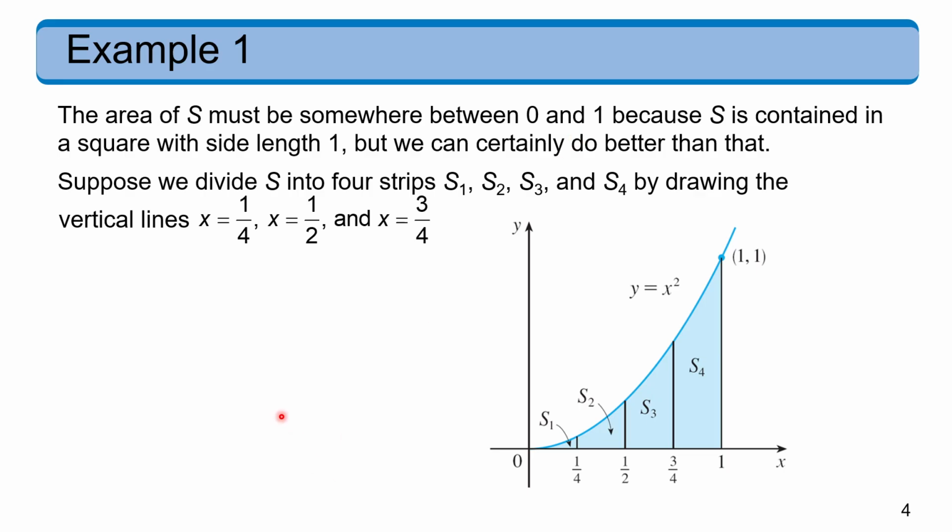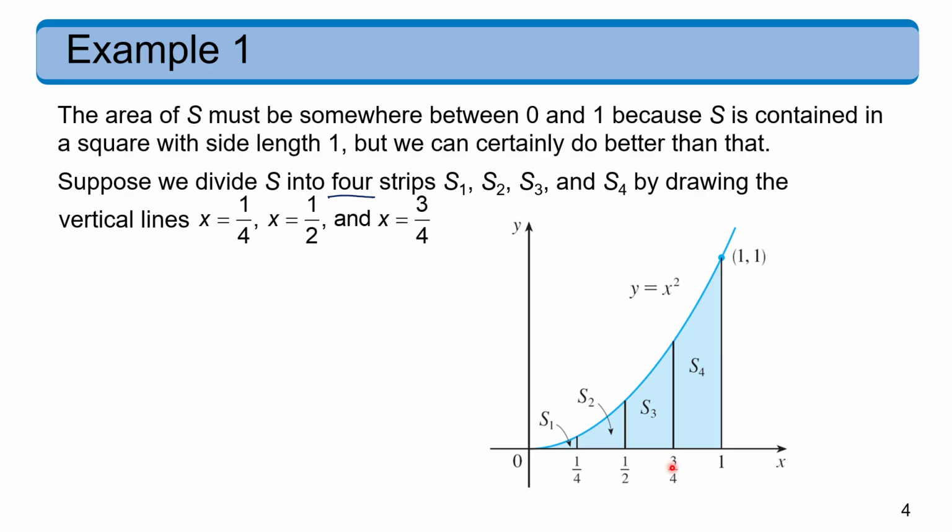So for our first attempt at creating our rectangles, we're going to decide to use 4 rectangles. You have to decide how many you want to use, so we're going to try 4. We need to subdivide the interval from 0 to 1 into 4 separate sections.